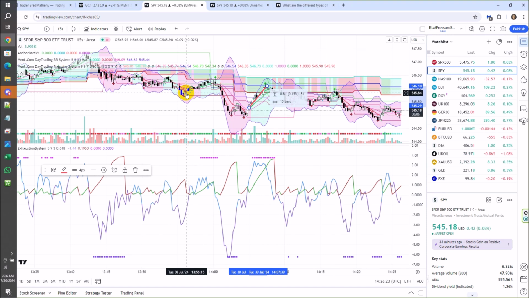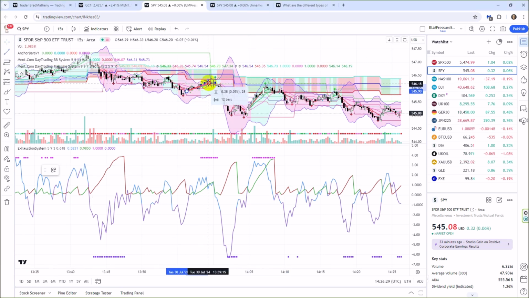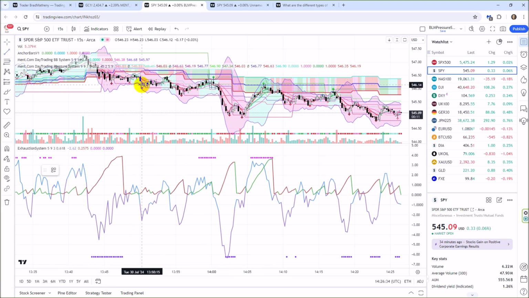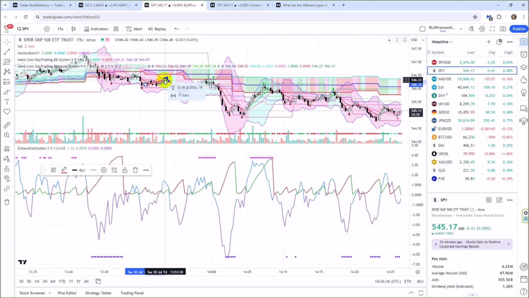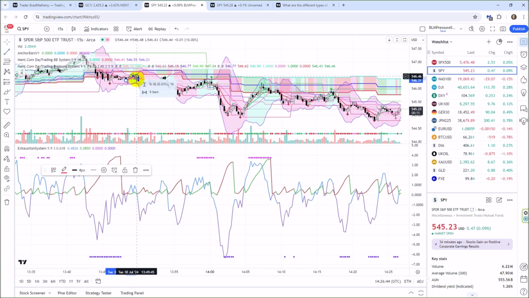When we get into a moderate trend like we have over here, 31 cents, or this one here is really minor, 16 cents, very minor in the upside. You can see right here, it's only really 16 cents.